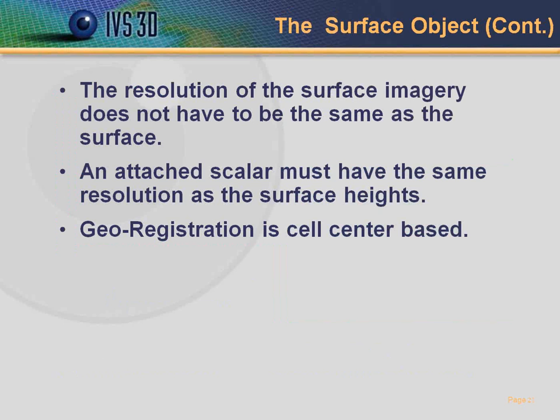You can have a much higher density imagery on top of a lower density surface, or vice versa, and that's very commonly used when you, for example, drape imagery on top of a surface. You drape an aerial photo, or you drape an interpretation imagery on top of a surface. There is a restriction currently with the attached scalar. It currently does have to have the same resolution as the underlying surface data.